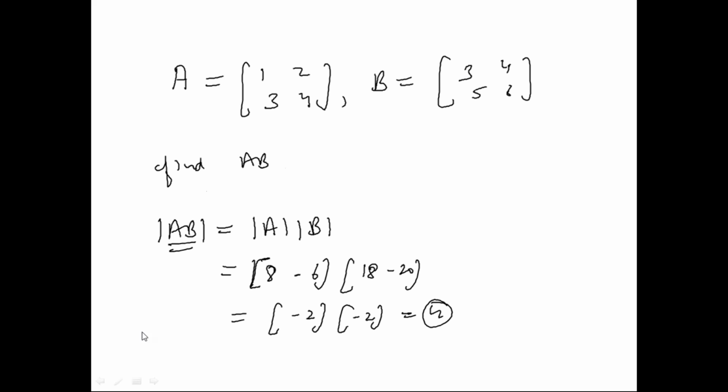Yes. What is the value of AB? What is the first row of AB? 13 and 16. Okay. What is the next row? 29 and 36. Okay, good enough. Yeah, determinant AB is 4. You can see that determinant A dot determinant B is also 4.